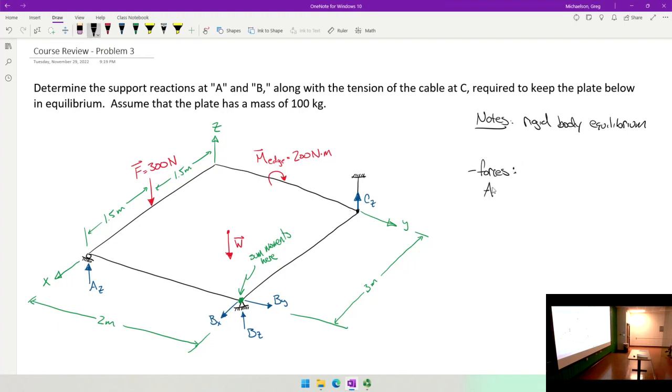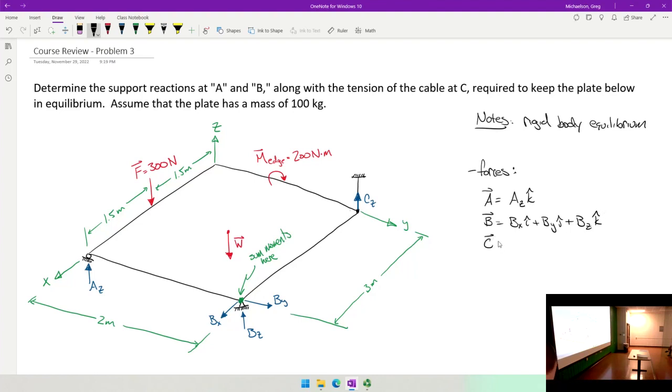So we have our reaction vectors. Let me move that down a little bit. Now for A, all I'm going to do is say that that's the magnitude times K. For B, have all 3. Notice that for each of these, they are drawn according to their positive direction. So if we get a negative answer, that just means we assumed a negative direction.